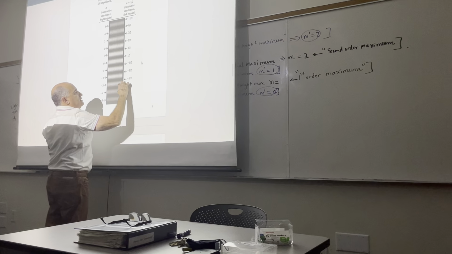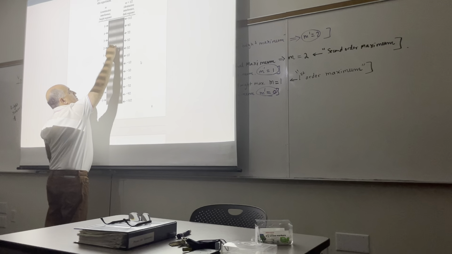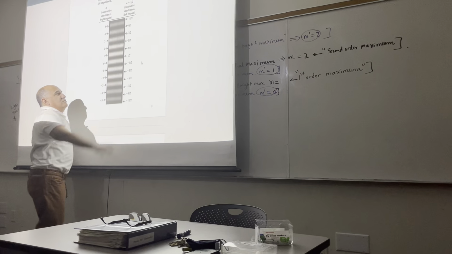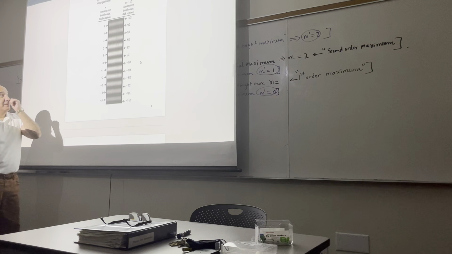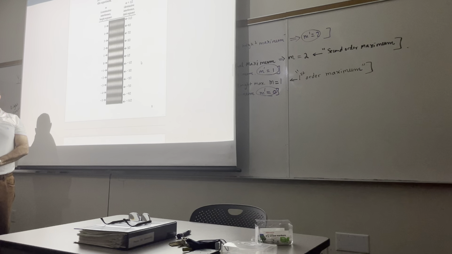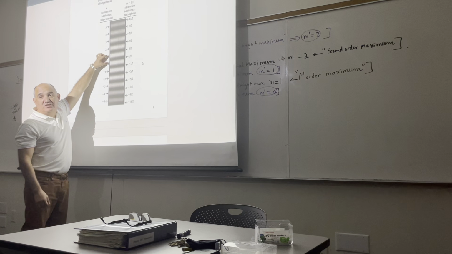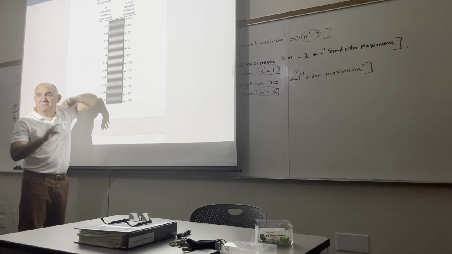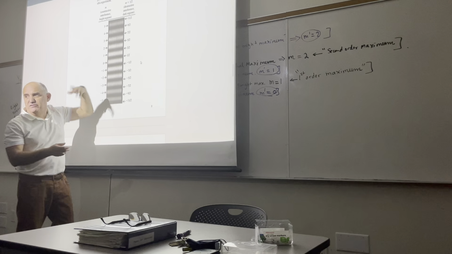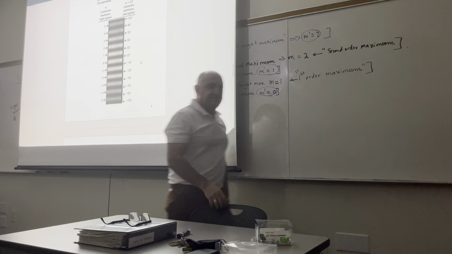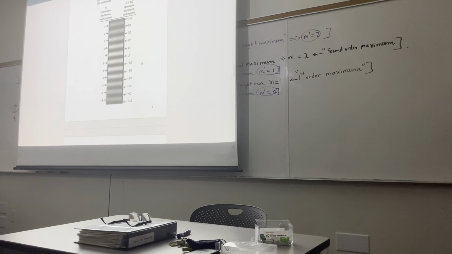You have this symmetry, right? So if you know the separation distance between any two adjacent bright or any two adjacent dark, you can figure out the distance between any of the other ones. It's like a ladder with the rungs at the same separation distance from one another.